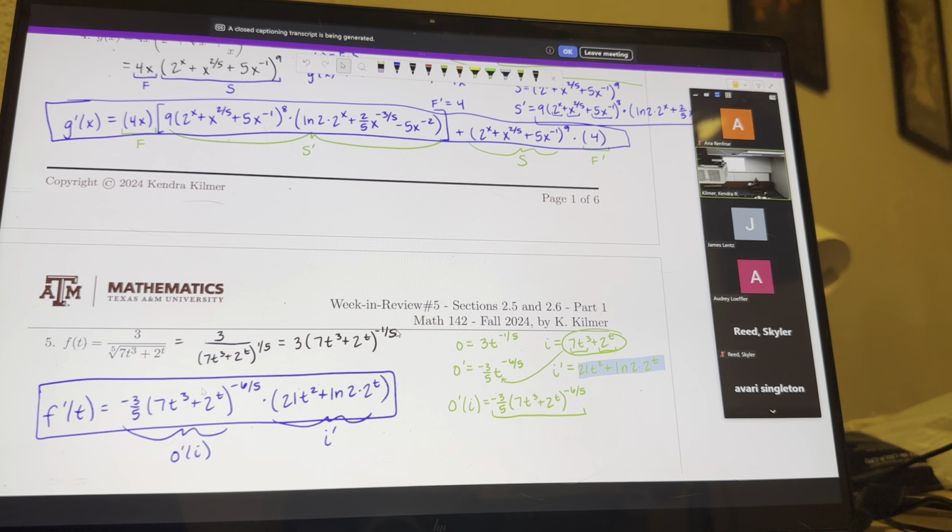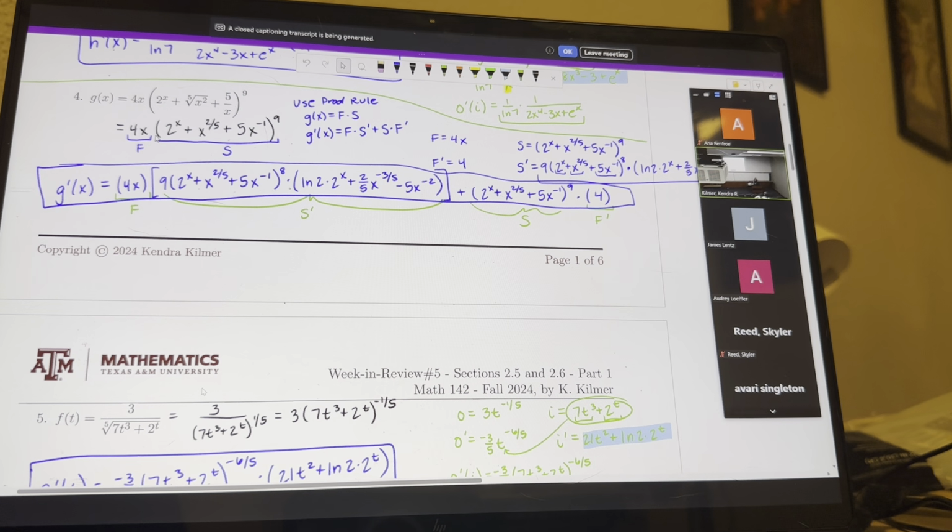Correct. And I didn't write out all the details of the chain rule on number 4. That could be another reason why it's looking incredibly different. But over here where I found S prime, we could have gone through and done exactly what we did down here and identified our outer to be x to the 9th, right?